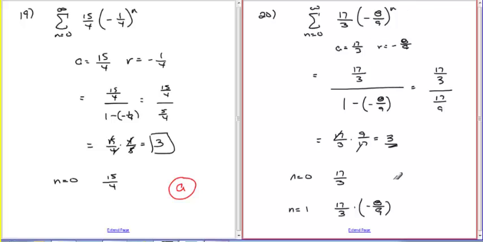So then what we would do is simplify that. So what do we get? I'm just going to have to multiply it. So let's see what we get. 17 times 8, 136. So it's going to be negative 136 over 27.